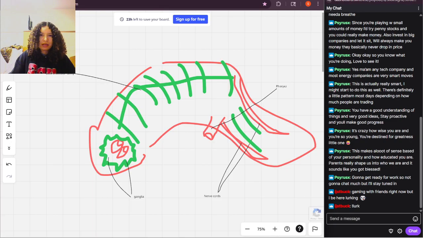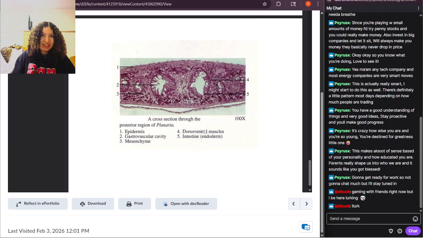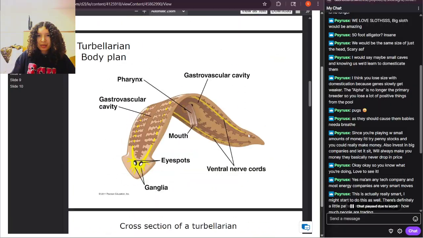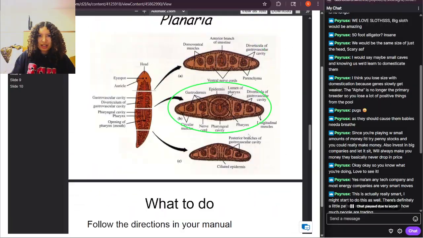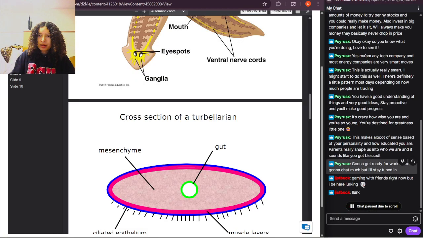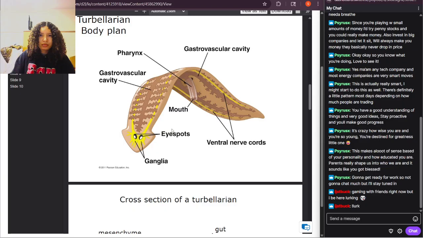And you can see I was making this amazing drawing. So I had finished the Platyhelminthes. So the mouth is there, the pharynx is this weird little tube. Ganglia are right under the eyes.